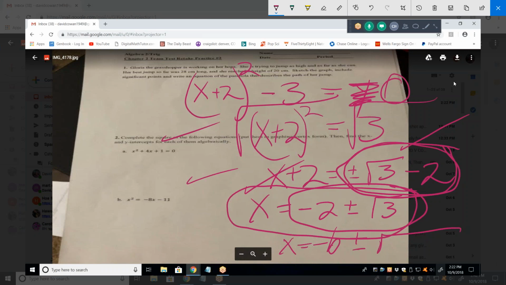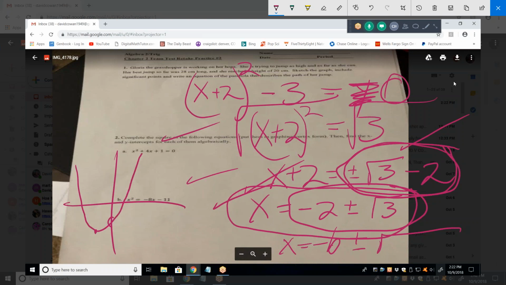But we got everything. We got our x and y intercepts. Those are the two x-intercepts, incidentally. You don't have just one x and y intercept. First of all, what did we get? -2, -3. So here's our vertex. We know it opens up.